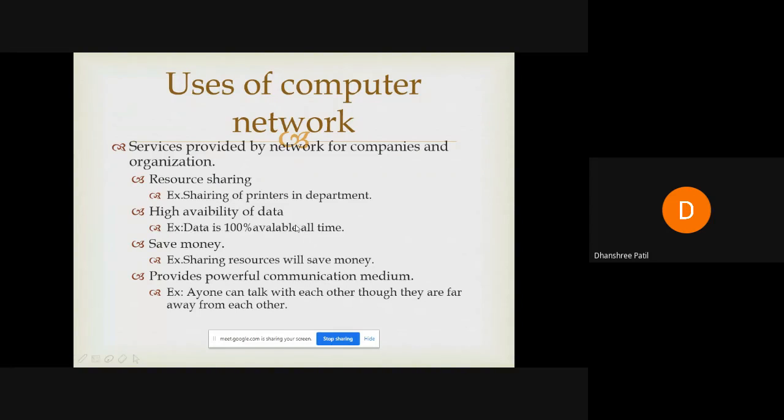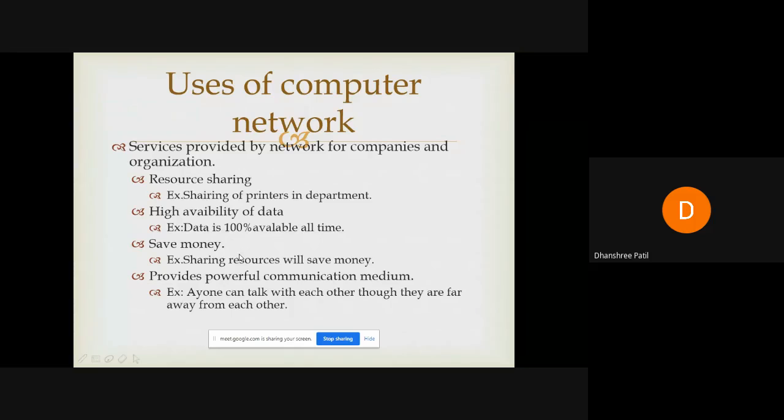Then high availability of the data: as the data is replicated in a number of devices, if any one device crashes, then that data is available on another device also. For example, if I have one file available on my mail as well as on my drive, I can access the same data from both. So I can have the data available all the time. That is one of the advantages.